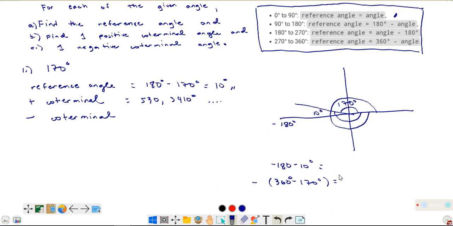So, 360 minus 170, you have 190 degrees. And remember that we have here the negative sign, so negative 190. Dito, kung ang gagawin mo naman ay yung straight angle plus the reference angle, pwede rin, you will end up with negative 190 degrees. There are many methods that you can use in finding the coterminal angle.